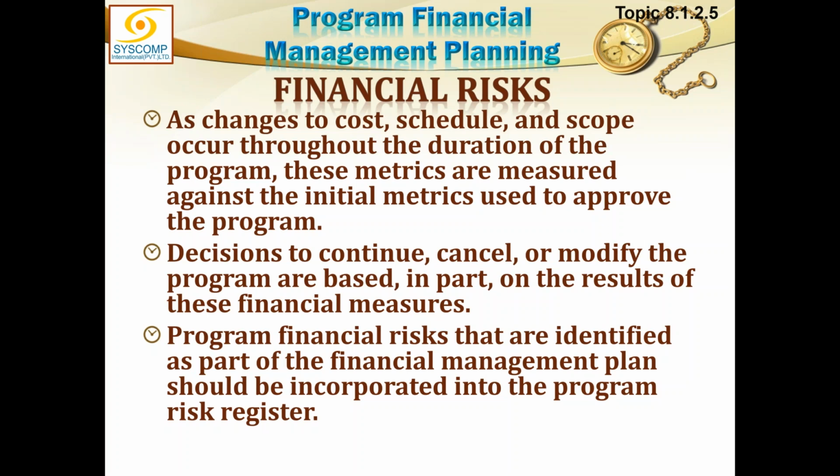So, program financial risks that are identified as part of the financial management plan should be incorporated into the program risk register. This risk register is going to be a live document which will record all possibilities of financial risk happening.